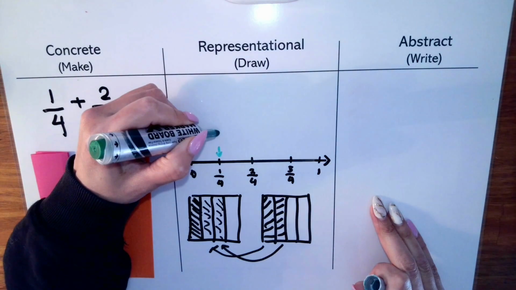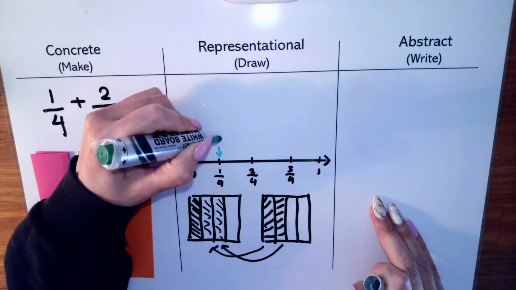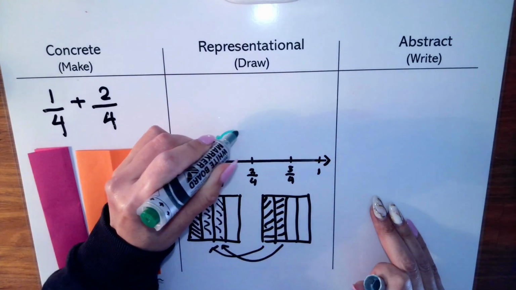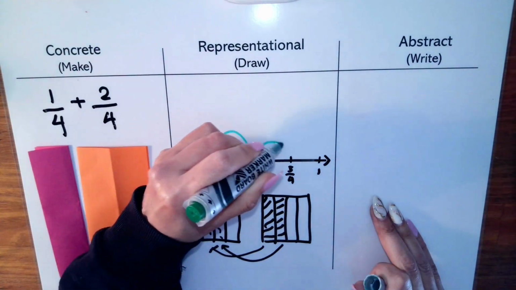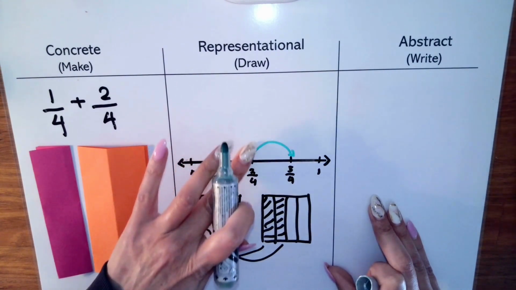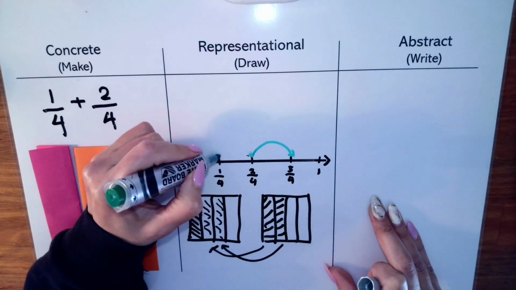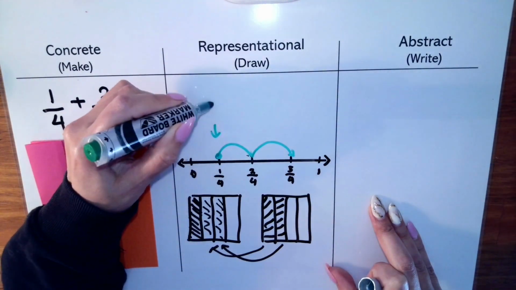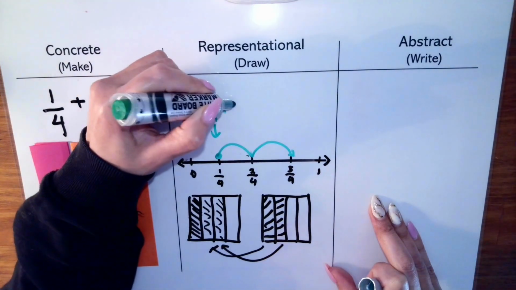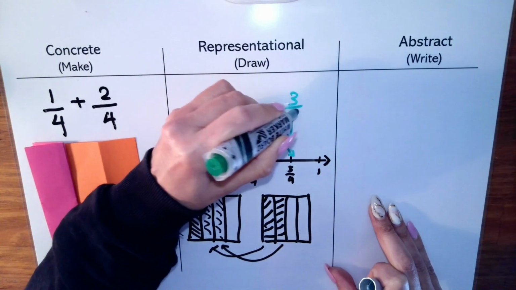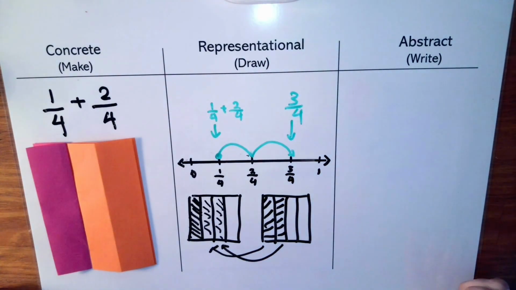So they start with 1/4, this is their starting point right there, and then they want to add another 2/4, so they would go 1, 2, 2/4. This is probably not a fabulous way of doing it, so get them to start on their number line. This is their starting position, 1/4 plus 2/4. They end up here at 3/4.